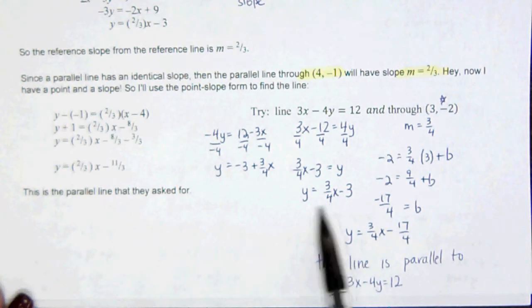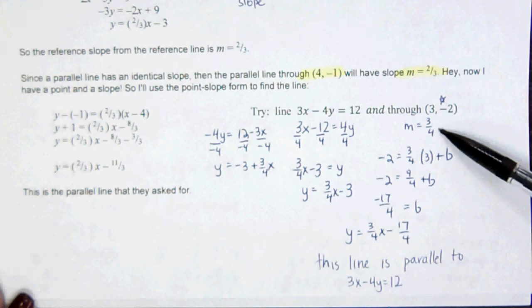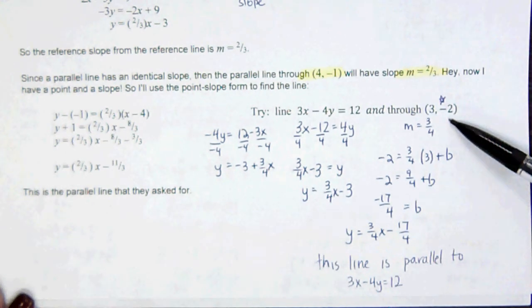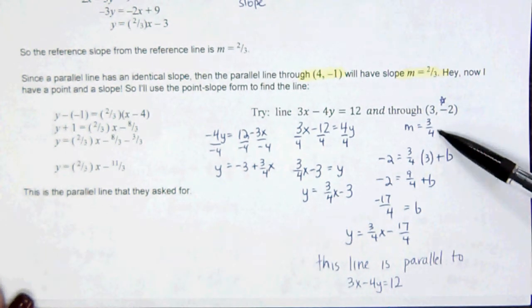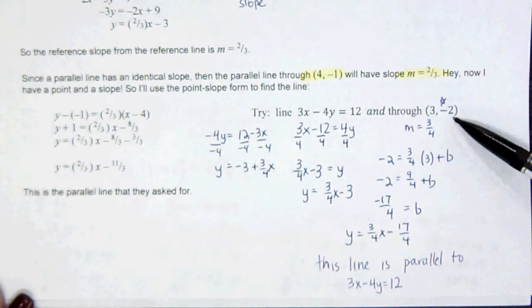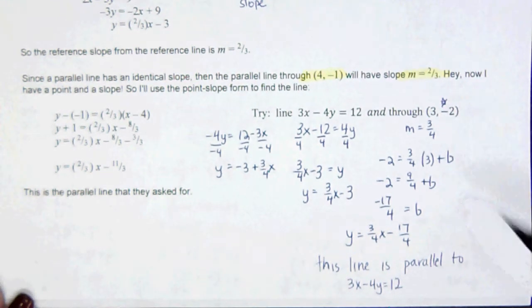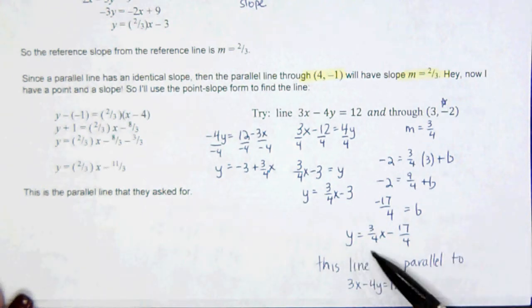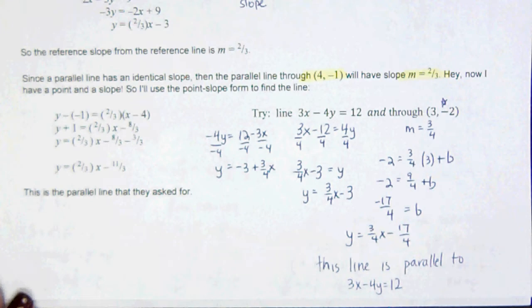So given a slope of 3/4, and now I want this new line to go through a totally different point, I'll use my new slope, 3/4, my new point, and I went right back to y equals mx plus b for you, because you might like that form better. And I solved for b, and then I wrote my equation of my line, and I'm saying that even though it doesn't look like it, that line is going to be parallel to the given line.